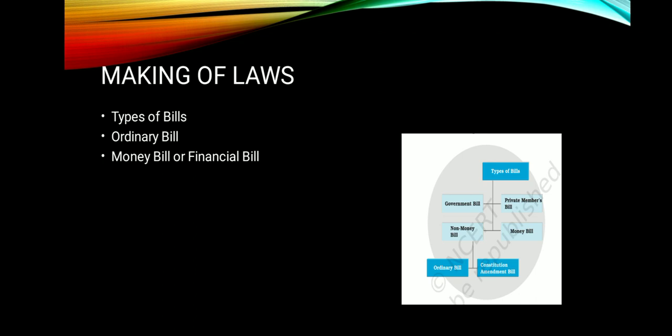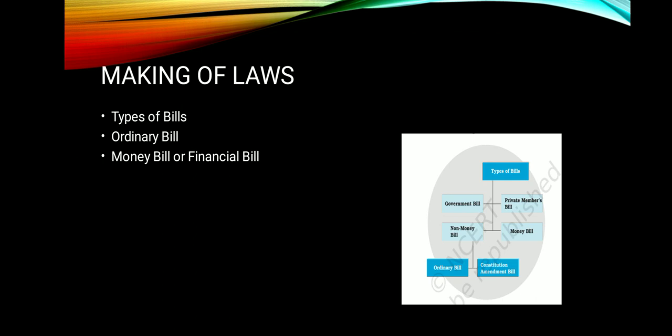If the government plans to bring some law in the nation, before becoming a law, it is called a bill. There are two types of bills: one, ordinary bill, and second, money bill or the financial bill.